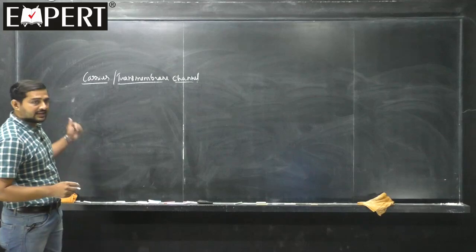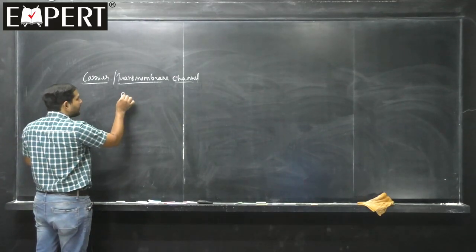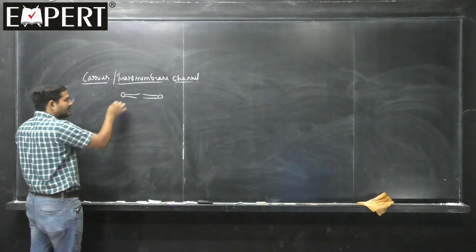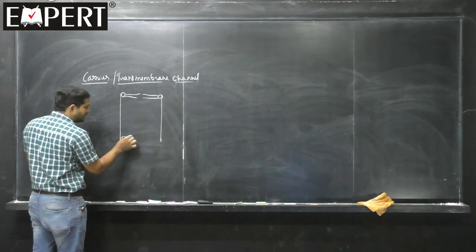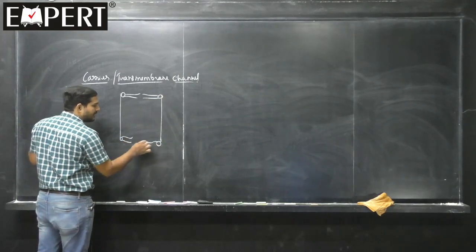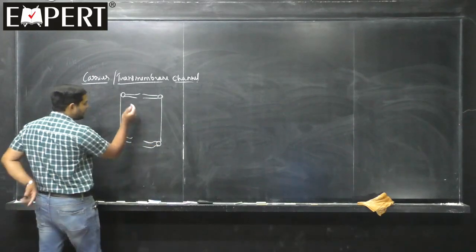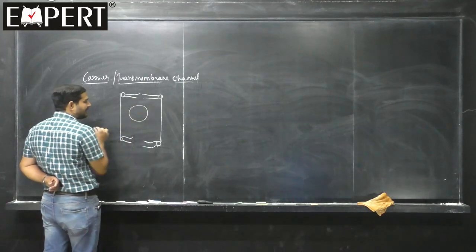According to this, see carefully, here is a lipid bilayer. One layer, another layer. I will just write a representation of two possible lipids only, lipid bilayer. And in the center of it, there is a presence of channel proteins.